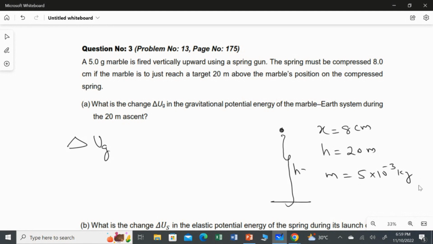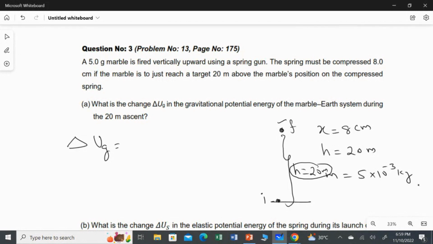The total height is 20 meter. Clear? So we are going to find the change in potential, final minus initial. Because you are shooting from the ground level, this is your initial point and this is your final point. So we are reaching the height of 20 meters.